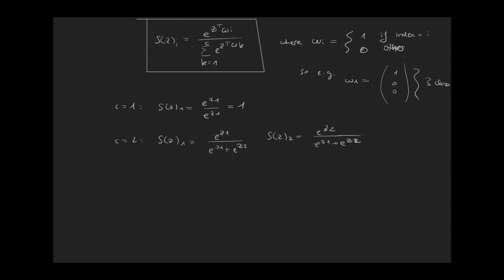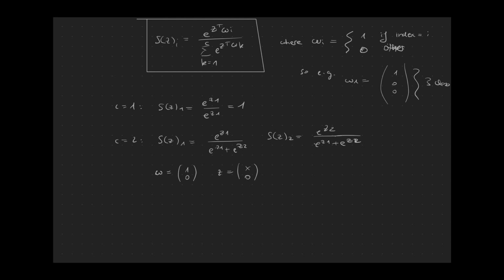So in order to retrieve our sigmoid function from the softmax, we have to project the one-dimensional space out of the 2-dimensional space, which we have in the softmax case for c equal to 2. What we can do is set w equal to (0, 1) and 0, and we can say z is equal to (x, 0).